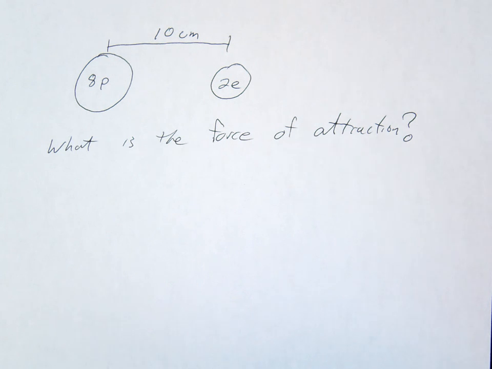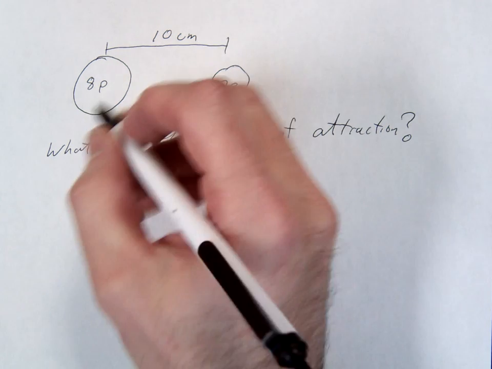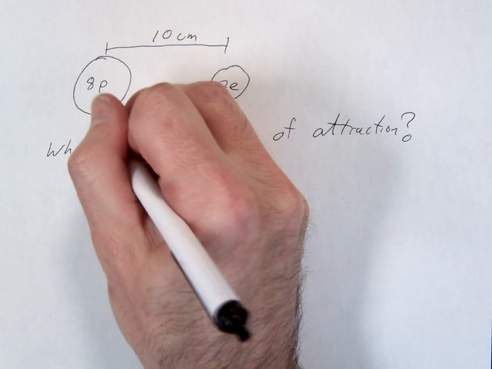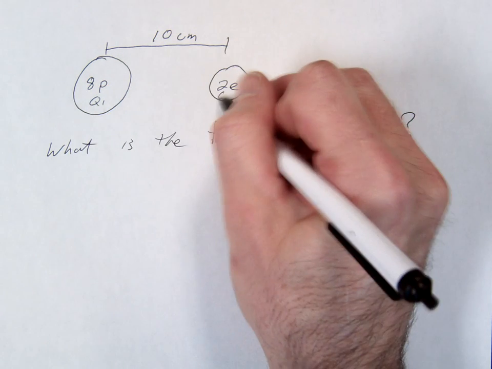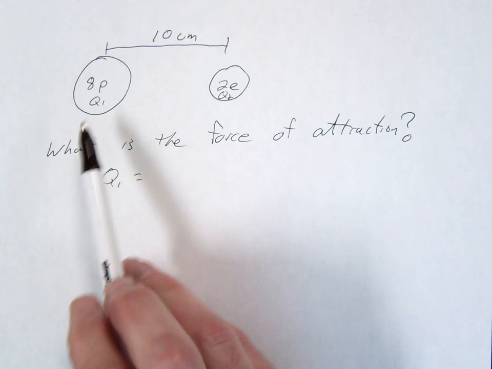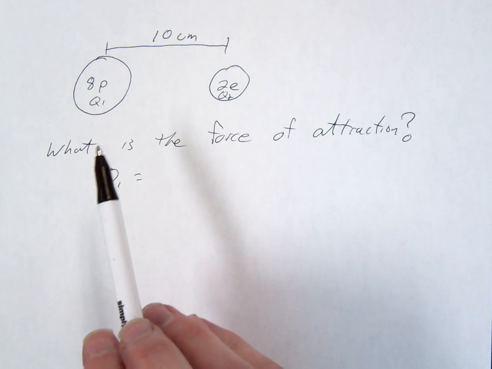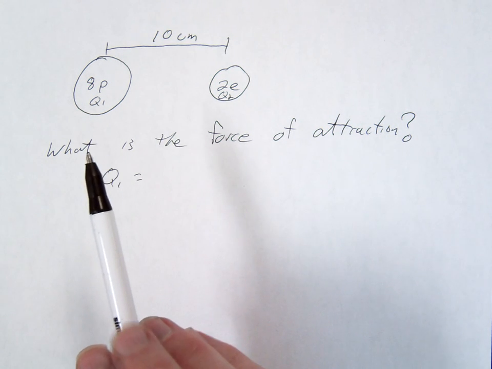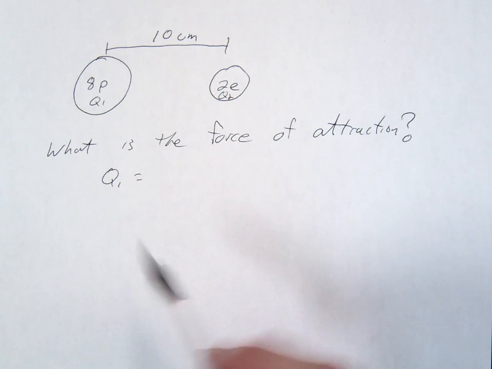So we're going to use Coulomb's law equation. Before we do that, though, we need to find the charge on each. So let's call this Q1, we'll call this Q2. How are we going to find Q1? 8 times 1.6. Okay, good.